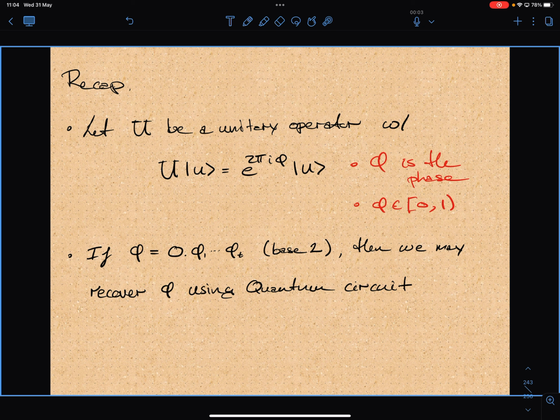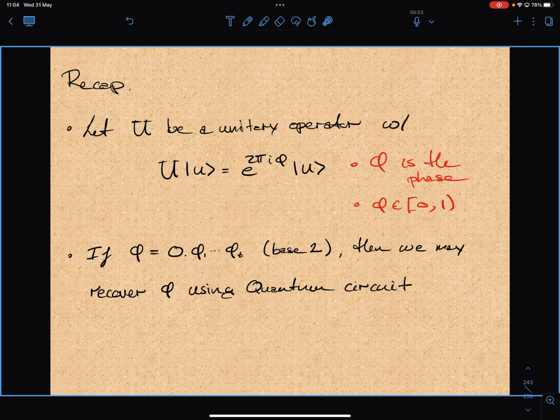In the computations that we did in the previous class, we assumed that phi has a base 2 decimal expansion given by this, and then we can recover phi using a quantum circuit.